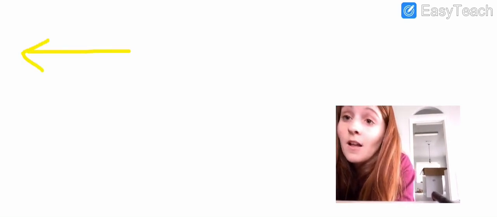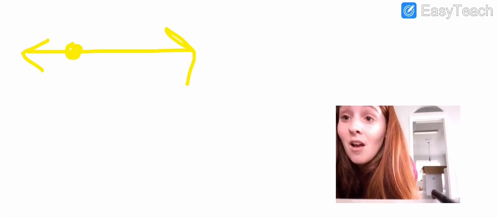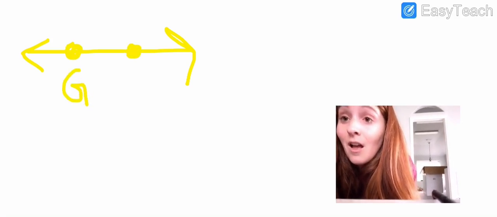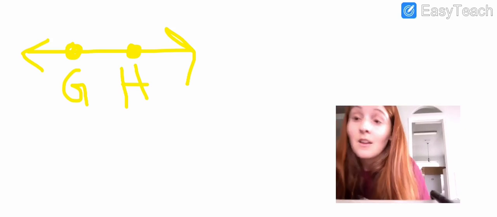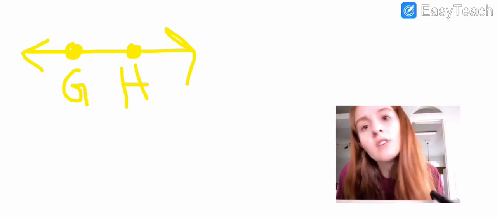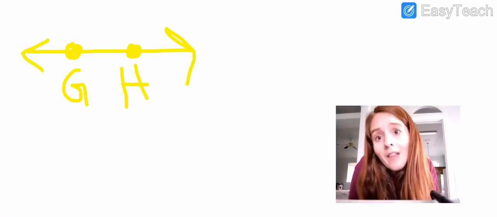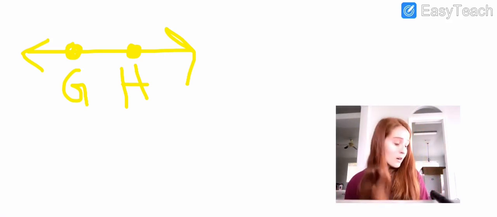You also might have one that's a line. So remember, our line has arrows like this, and then there might be points on our line that look like that. So it's still a line because if you notice it has those arrows on the end, but then it just has some points on it to identify what the line's name is. Now this one we're going to do a little bit different.